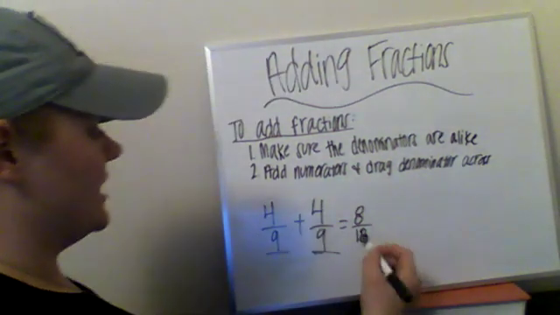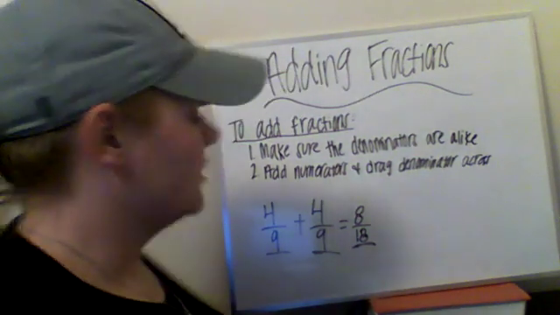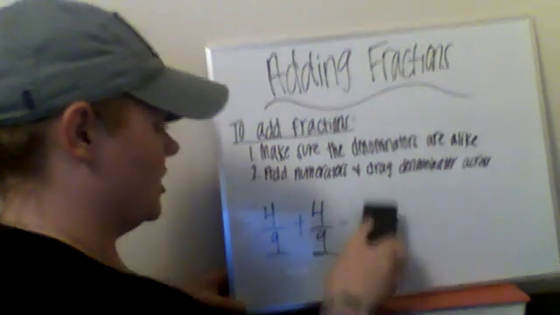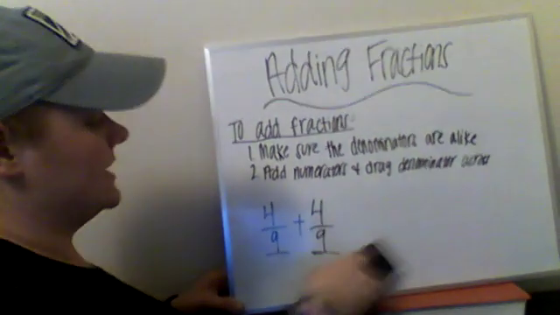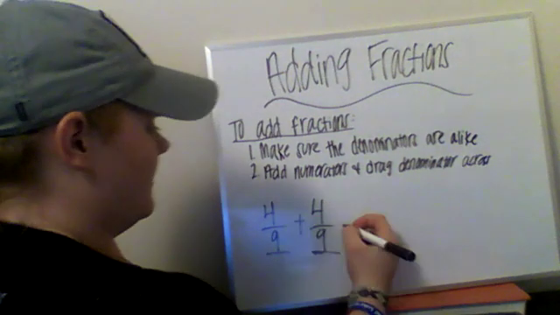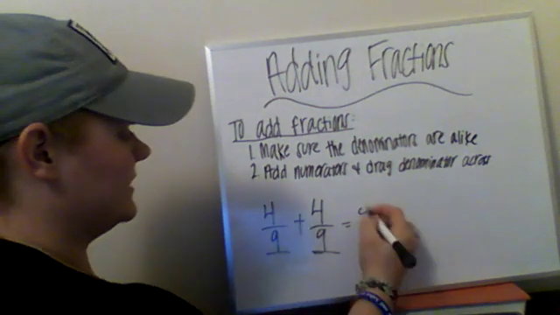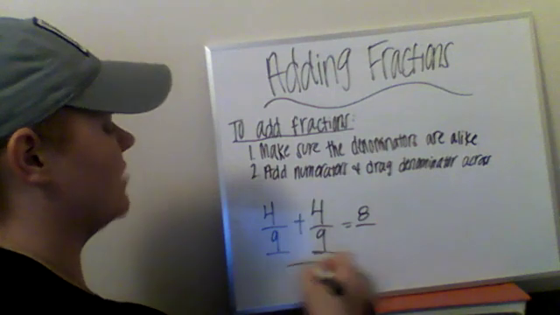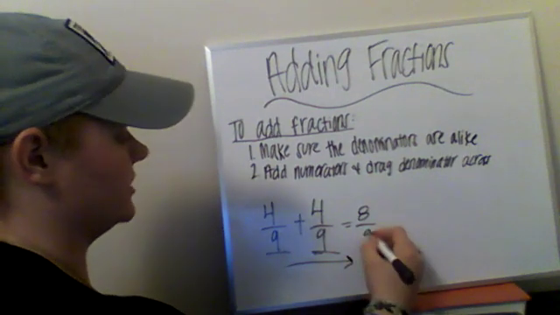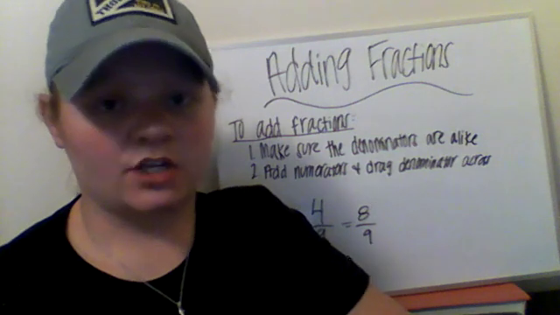Now your answer has a whole of 18. You don't want to do that. So that answer would be wrong. If we look at this problem again, 4/9 plus 4/9, 4 plus 4 is 8. Then you drag your denominator across, which is 9. That showed you why you do not add your denominators.